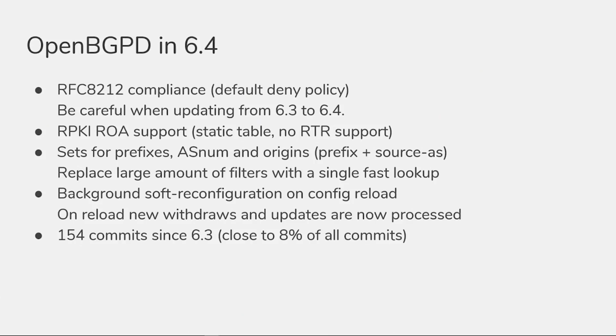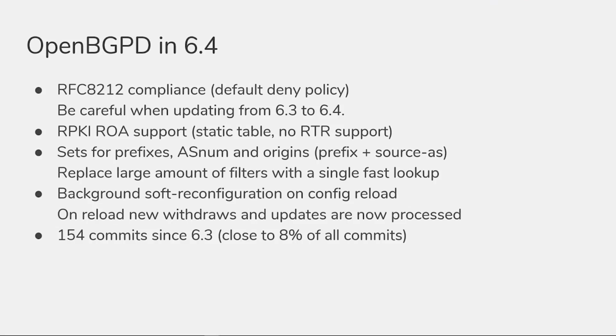The number one feature at the top: we're now doing RFC 8212 compliance, or full compliance. We now have a default deny policy. This is important for people who are running OpenBGPD at the moment and plan to update. You need to be careful when you update.